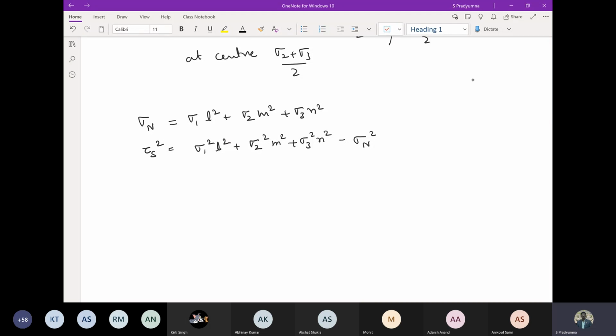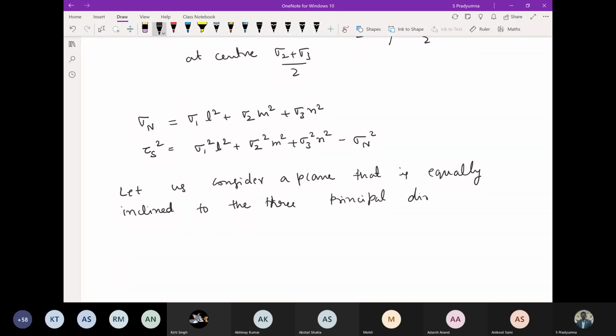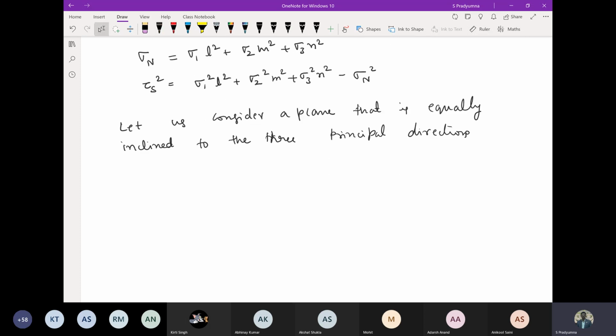Now let us consider a plane that is equally inclined to the 3 principal directions. So we are also coinciding the XYZ IJK with respect to that.